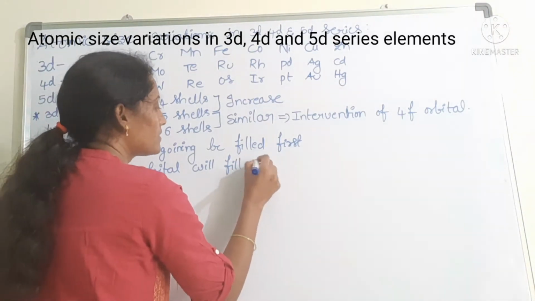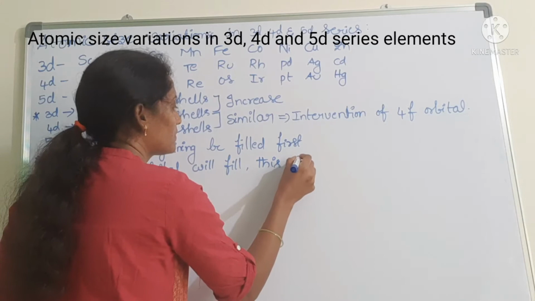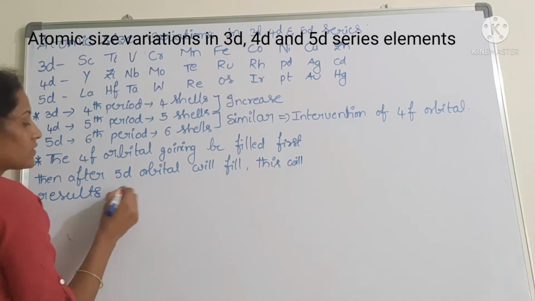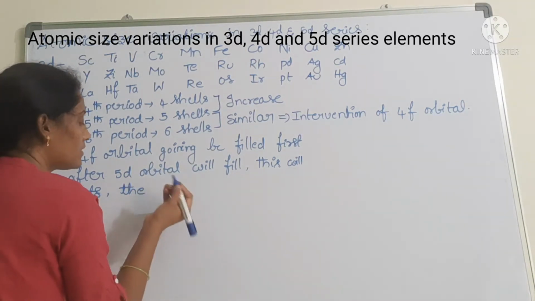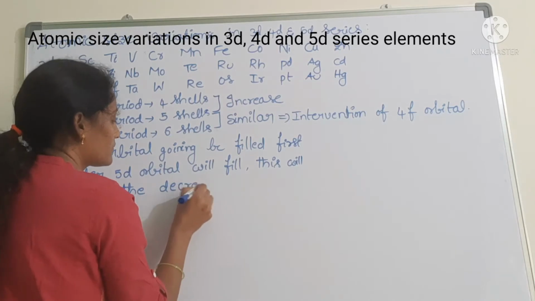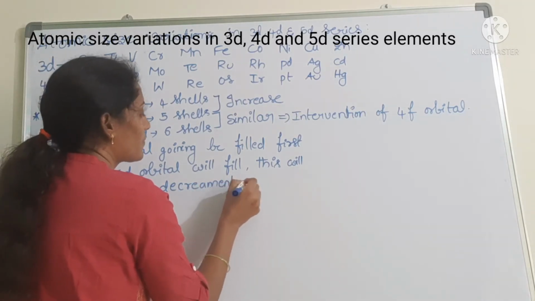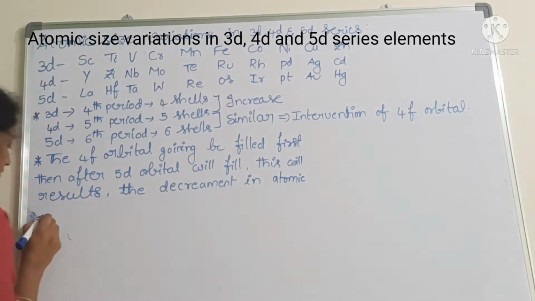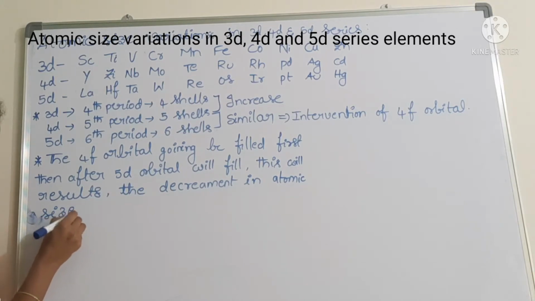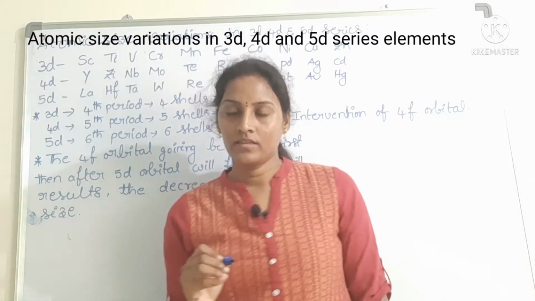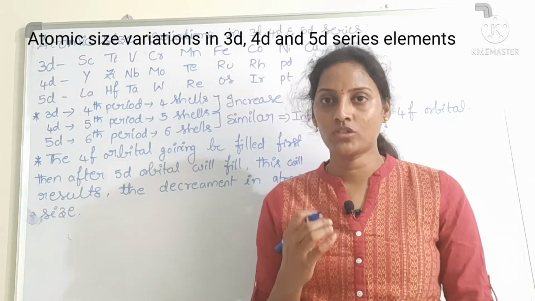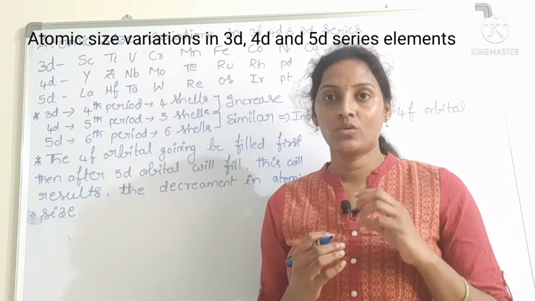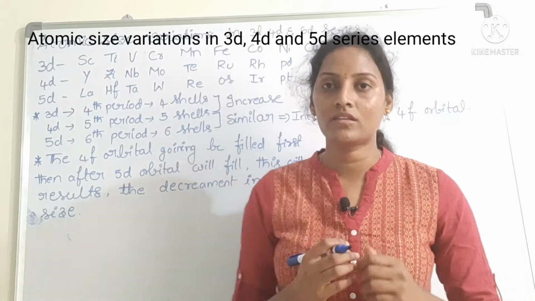This results in the decrease in atomic size. The decrease of atomic size because of filling of 4f orbital first, then 5d, is known as lanthanoid contraction.